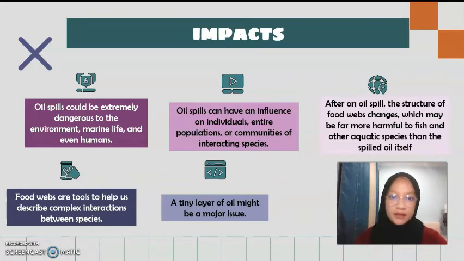They may succumb to hypothermia if they are not properly insulated. Not to mention the possibility of ingesting the oil if they try to clean themselves, or coming into touch with fish, shellfish, and other underwater organisms if it is blended into the water column.